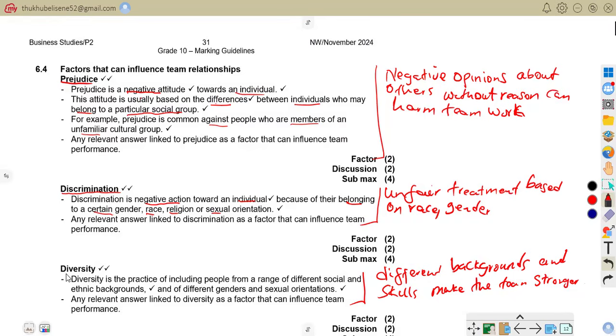So we're talking about diversity, the different backgrounds and skills make the team stronger. That is diversity. Diversity is the practice of including people from a range of different social and ethnic backgrounds. That's when you accept the differences. That is where everyone is included, and of different genders and sexual orientations. So any relevant answer.